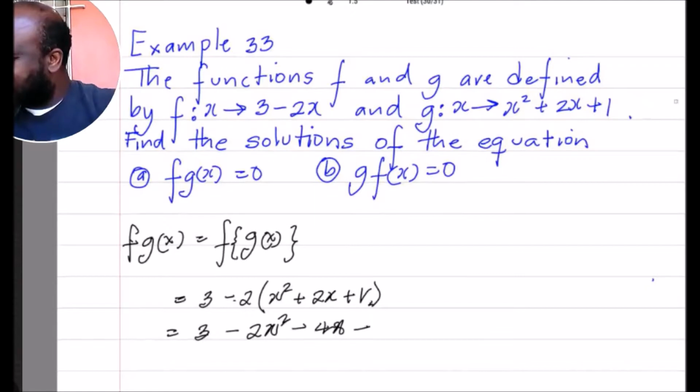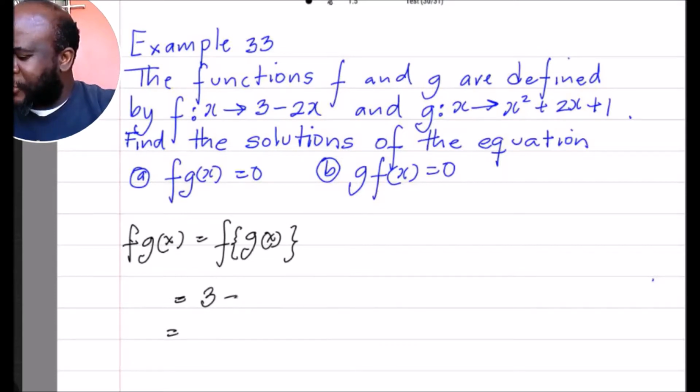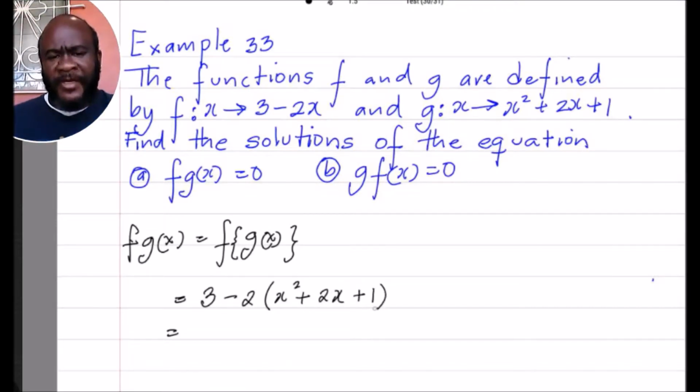We're having pen issues. All right, so let's do it again. In f, we have 3 minus 2x, but I'm going to take out x and put g. So that's 2 times g, which is x squared plus 2x plus 1. Remove the bracket by applying the distributive law.